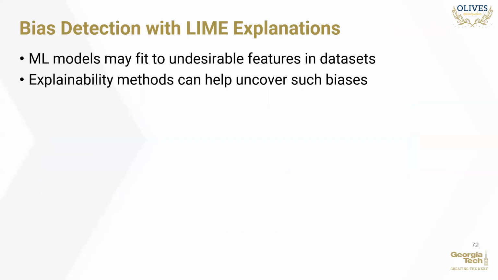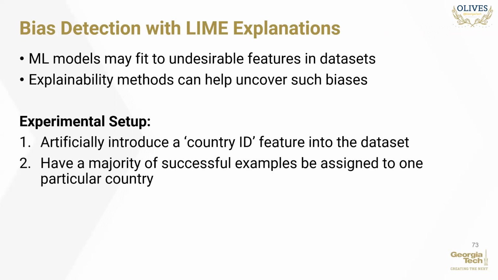We also have another very interesting application where we show how we can detect a biased data set using these local explanations. So we artificially introduce a feature into the data set called country ID, where each well prospect has another feature denoting the country that it was drilled in. And then for 70% of the successful cases, we assign them to a single country. And the other 30% are randomly assigned between other countries. So what it results in is a heavily biased data set where the country feature alone is a very good predictor of success or failure.